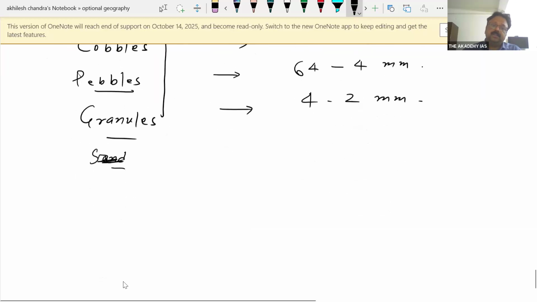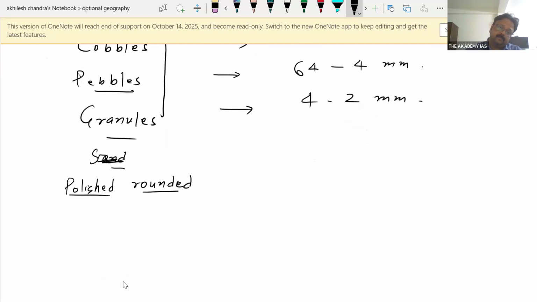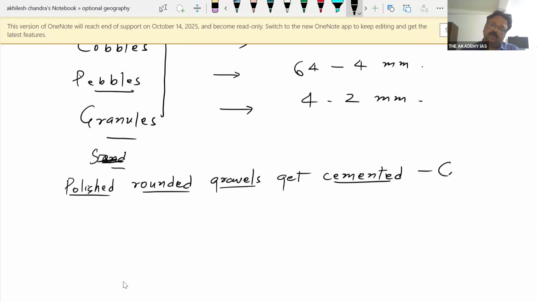So when the polished rounded gravels get cemented, we call it conglomerate. This is what conglomerate basically is.